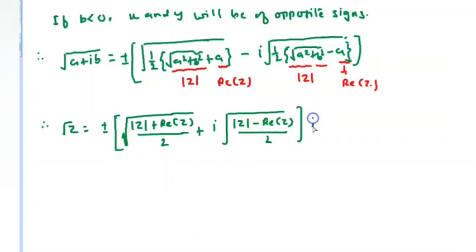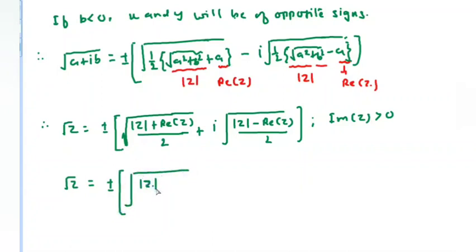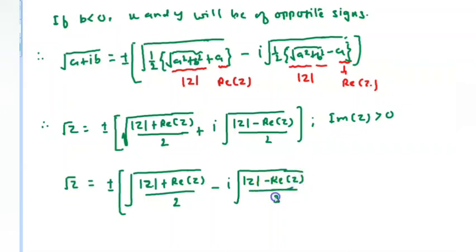This is the first case, when b, that is the imaginary part of z, is greater than 0. And the square root of z will be given by plus or minus the square root of (modulus of z plus Re z)/2 minus i into the square root of (modulus of z minus Re z)/2.